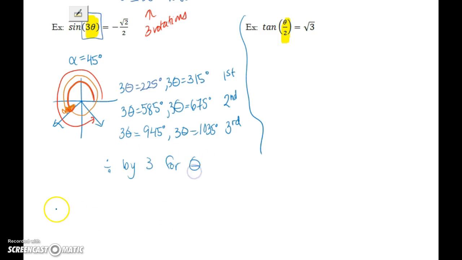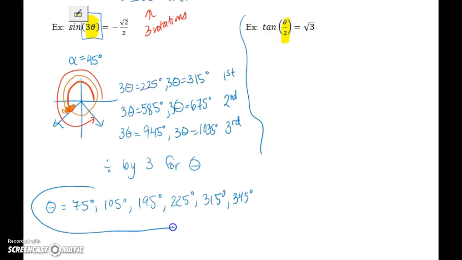for theta. So our first solution, 225 divided by 3, we get 75 degrees. 315 divided by 3, we get 105 degrees. 585 divided by 3, we get 195 degrees. 675 divided by 3, we get 225 degrees. 945 divided by 3 is 315 degrees, and 1035 divided by 3 is 345 degrees.